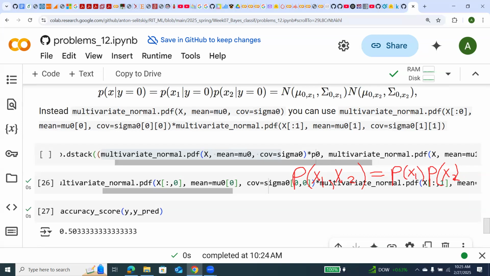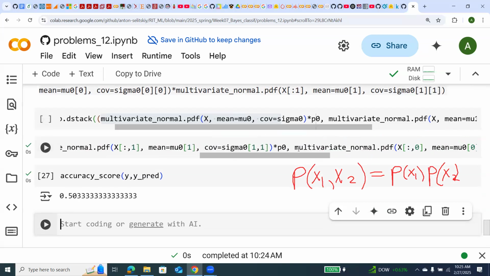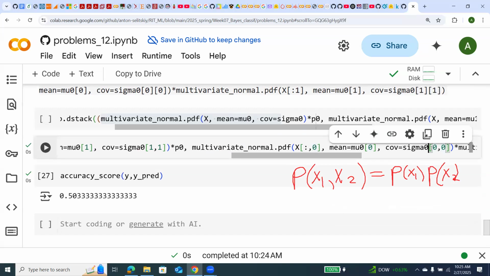Okay. Oh, I think I didn't change sigma. Okay, in the second multivariate normal, I should use sigma and mu for the first class. Okay, that's why we have a low score.